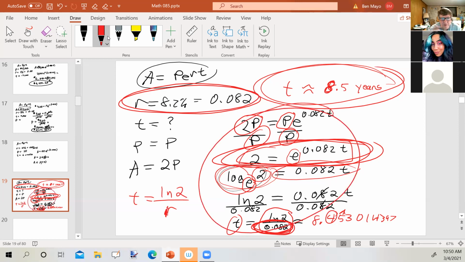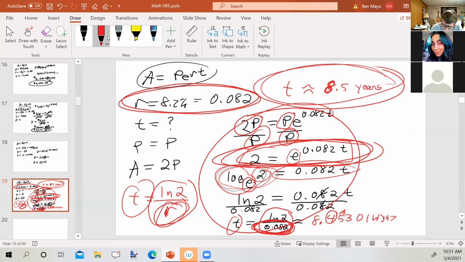Anytime you're looking at a continuously growing population and you want to know when it's going to double, if you know the growth rate, you can take the natural log of 2 divided by r and get the time. That's one of the formulas in the textbook, on page 956, right before the exercises in 11.5. It's a formula for doubling time.